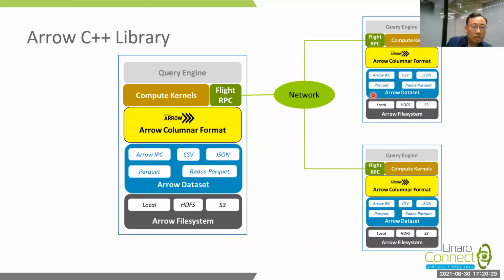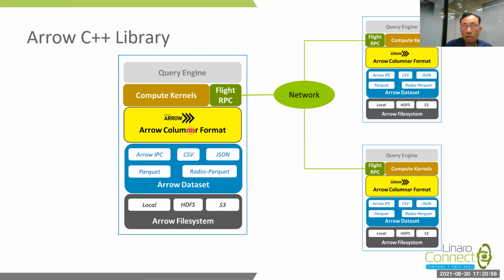So this is the Arrow C++ library. I just said Arrow supports 12 languages, but the Arrow C++ library is the most active component developed in the Arrow community. The C++ library contains many sub-components. In the middle, this yellow box is the Arrow columnar format. This is the core of the Arrow project.